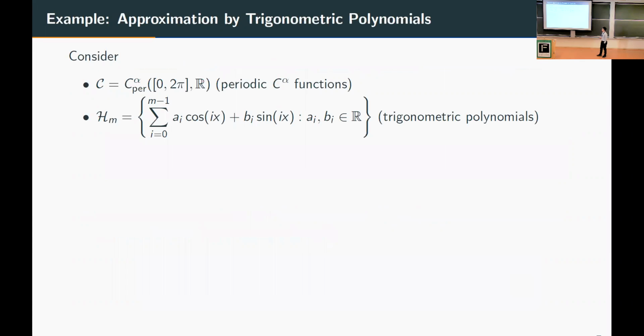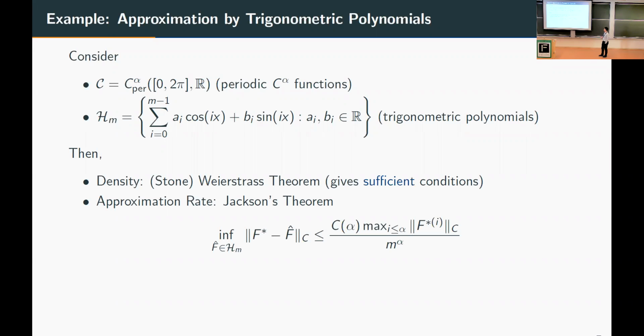So let's start with a very simple and hopefully familiar example to illustrate these two types of results. We consider the target function space to be periodic, alpha-continuously differentiable functions, and our H_M, our hypothesis space of complexity M, is simply the trigonometric polynomials of order M. So this is like a discrete Fourier series, and we know the following results.